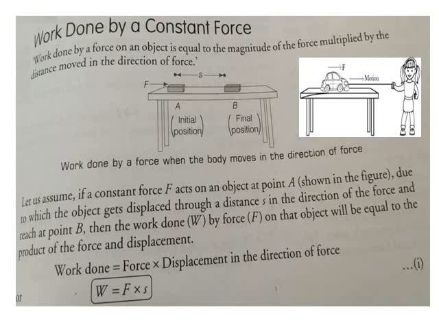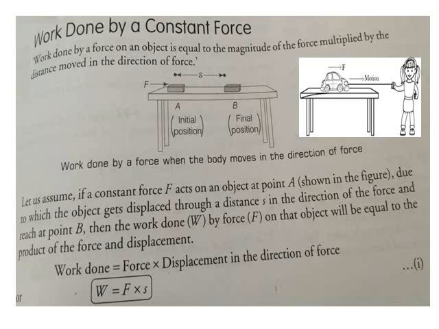So we have seen in the earlier definition, for work done, there must be a force and there must be a displacement. So work done can be calculated if we know both the quantities, force and displacement. If we multiply both of them, then the product that we get is work done.